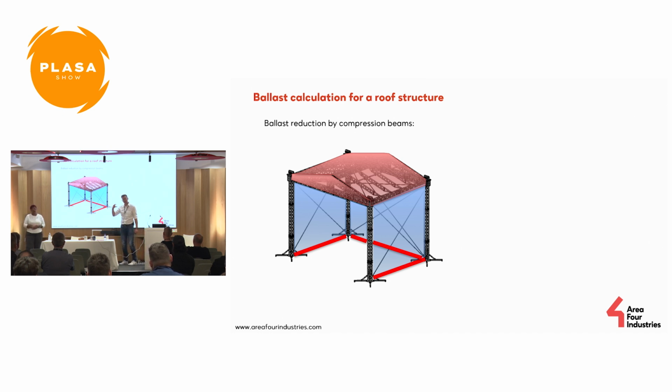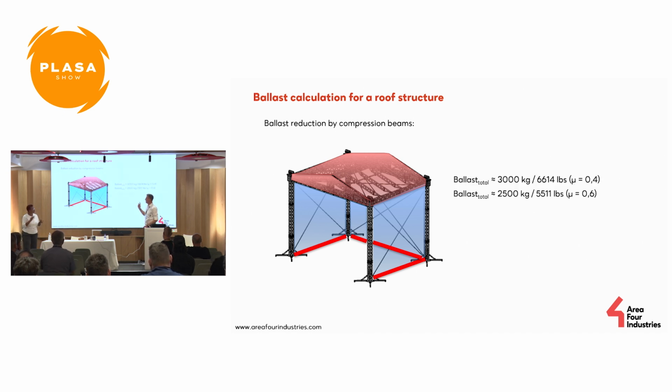When the roof is standing on top of the scaffold and properly connected to it, then the scaffold can be used to transfer the forces from the front tower to the back and vice versa. So whatever force you have here pressing vertically down can be used to eliminate the force which is coming from the front to the back. This allows you to reduce the required amount of ballast from 5.2 tons to roughly 3 tons on the front tower, and from 4 tons to roughly 2.5, which is already a good benefit, of course.